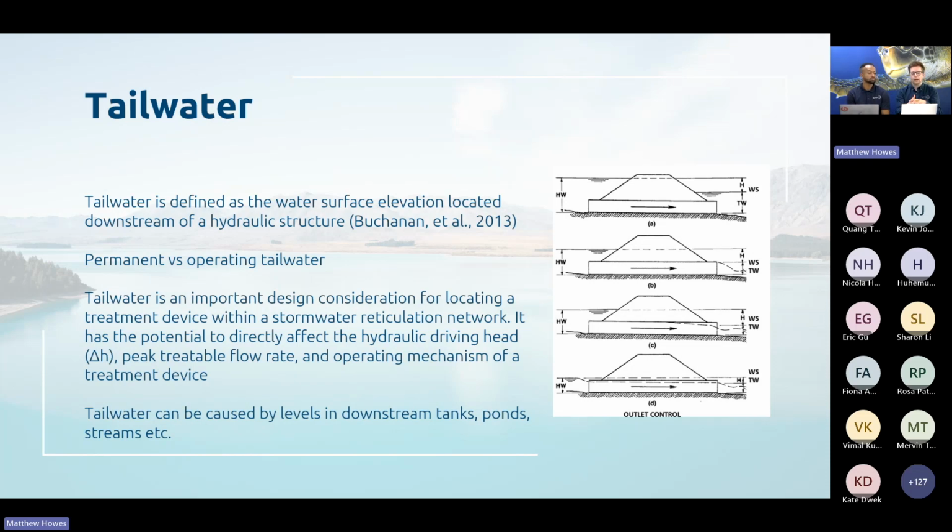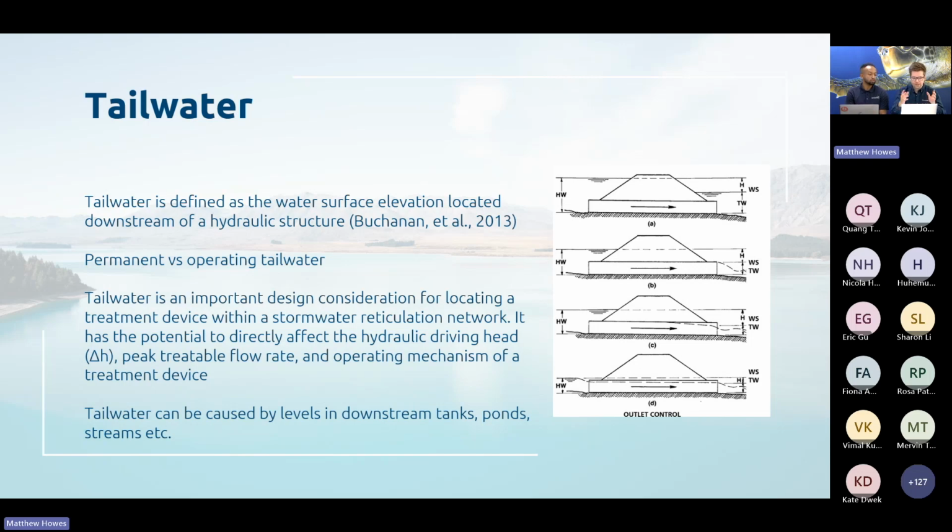Certainly managing attenuation downstream and the effects of attenuation, which we'll cover here, is a key feature of a lot of the work that we do for brownfield, for infill sites, and redevelopment of existing catchment areas where the impervious area is being increased and we have to manage flow.